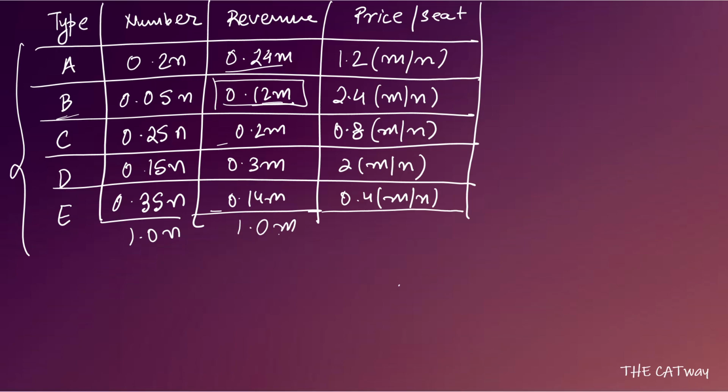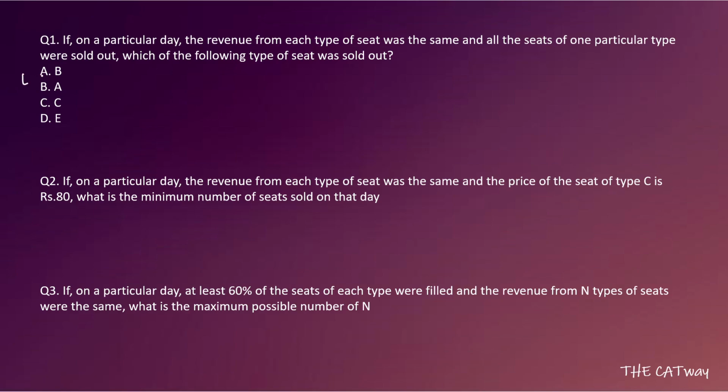So when B generated 0.12m, B was the type of seat that was completely sold out.